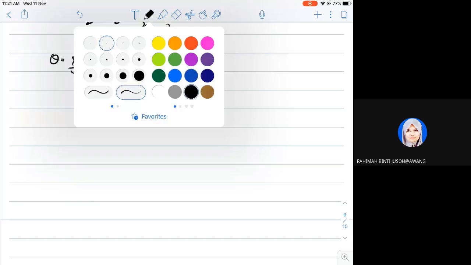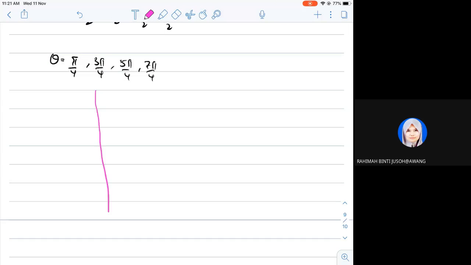Okay, so let us, kita pun sketch lah macam gini. Okay, pi over 4. Alright, pi over 4 is 45 degrees. 3 pi over 4 is 135 degrees. 5 pi over 4 is 225 degrees. 7 pi over 4 is 315 degrees.